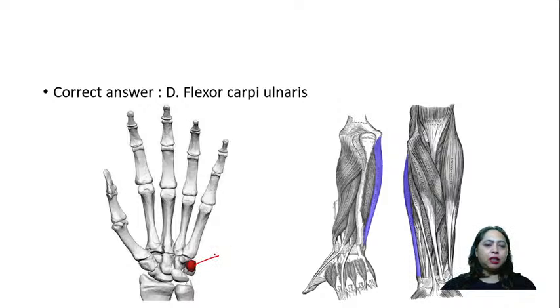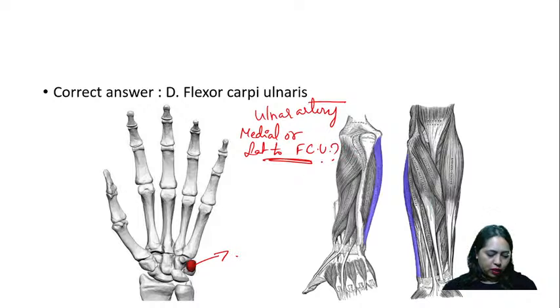This is the flexor carpi ulnaris, and you can see. And where is the ulnar artery? Is it medial or lateral to flexor carpi ulnaris? Who knows? Remember, the medial is this side, the lateral is this side.